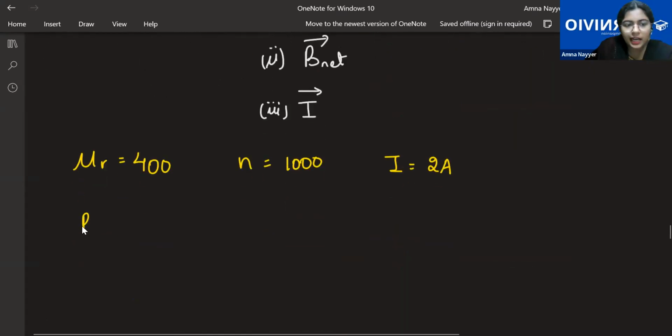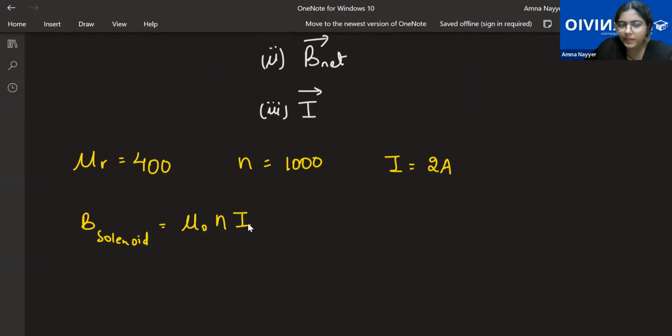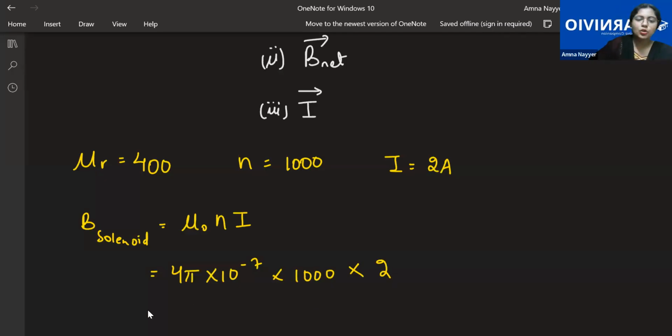For a solenoid, we know the formula is mu naught N I. So mu naught is 4 pi into 10 to the power minus 7. Number of turns are 1000. Current is 2. So this becomes 8 pi into 10 to the power minus 4 Tesla. This is the magnetic field B naught.